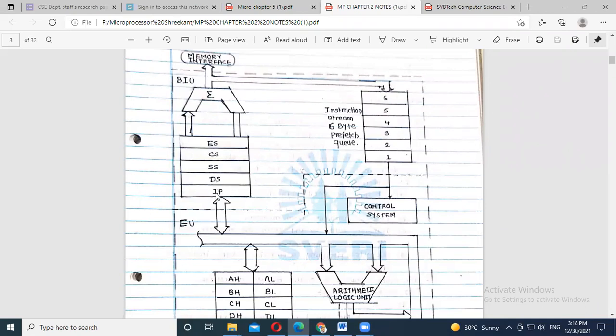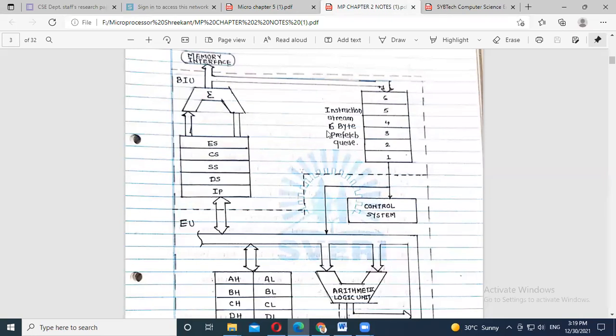And the last one, we are again adding the 4-bit lines of the instruction pointer. This is the instruction pointer along with the memory. So each segment register has 4 bits, and the instruction pointer is also 4 bits. So totally 16 plus 4, 20 address lines are there in the memory locations of 8086.